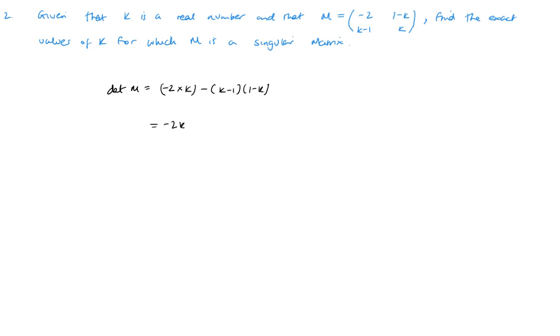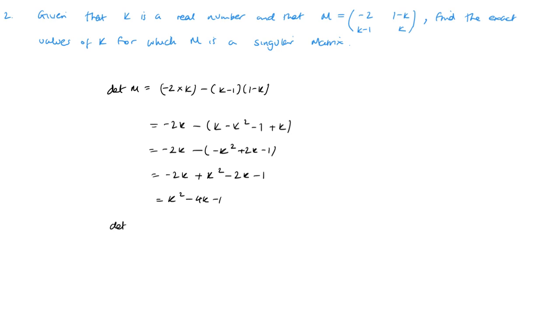Right, minus 2k minus, now I'm going to do this, so k minus k squared minus 1 plus k. So minus 2k. So in here we've got minus k squared plus 2k minus 1. So that is plus k squared minus 2k minus 1. So k squared minus 4k minus 1.